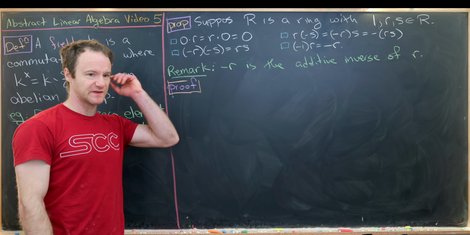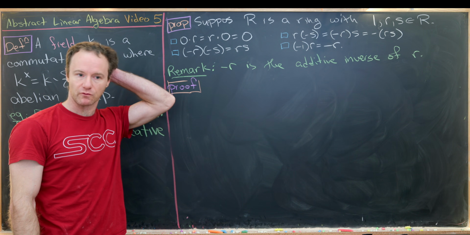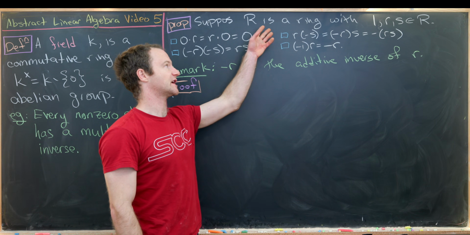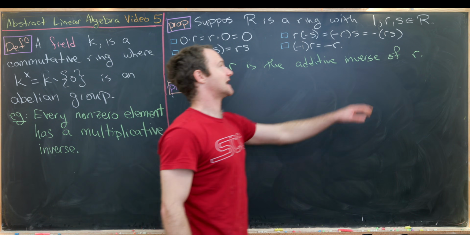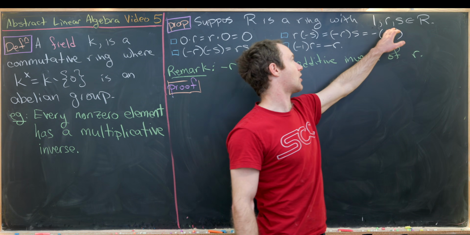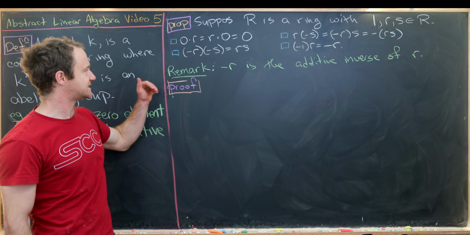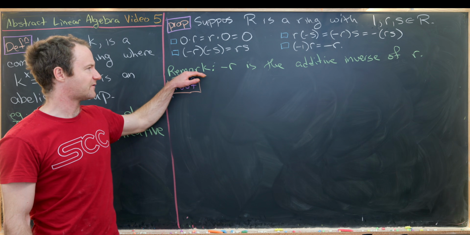Okay, so let's get rid of this and then we'll prove some standard general results involving rings. So we'll finish off with a simple general result involving rings and then some warm-up exercises. So let's suppose that we have a ring R, and it has a multiplicative identity 1 and arbitrary elements R and S. Before I look at the statements here, I want to make the following remark.